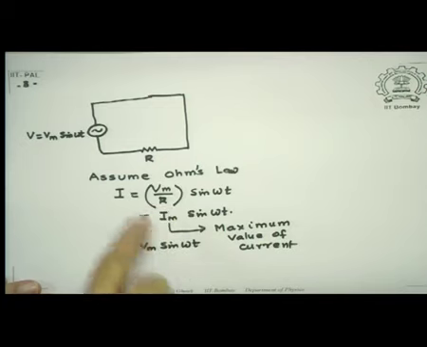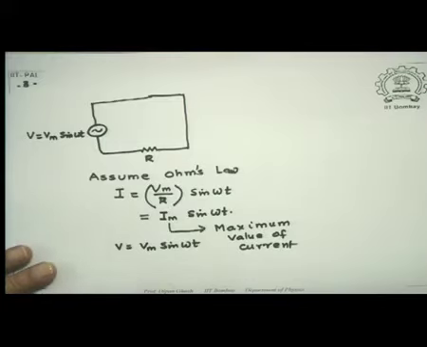The current's maximum is Vm divided by R. Therefore, the magnitude of the maximum current would depend upon what the resistance R is. So if I am plotting both the current and the voltage in the same diagram, let's do that.